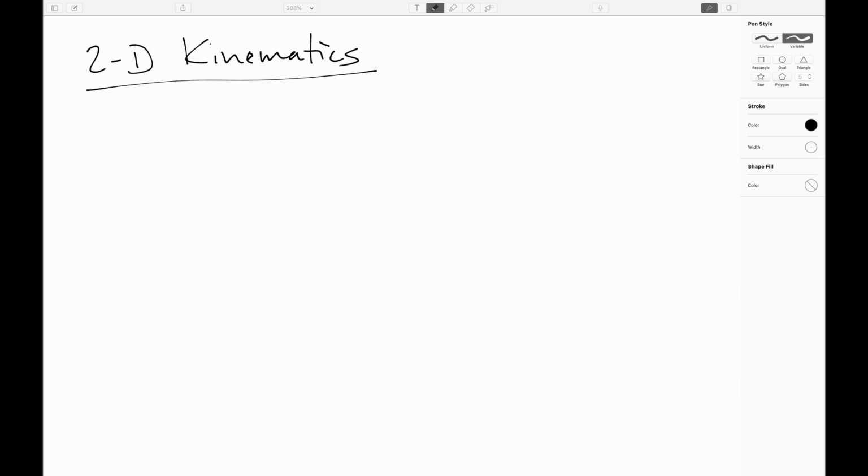In the last video, we took a look at how to do vector addition, subtraction, and multiplication by a scalar using components. And in this video, in our quest to start doing kinematics in 2 dimensions, we're going to revisit the definitions of velocity and acceleration and see where that takes us.